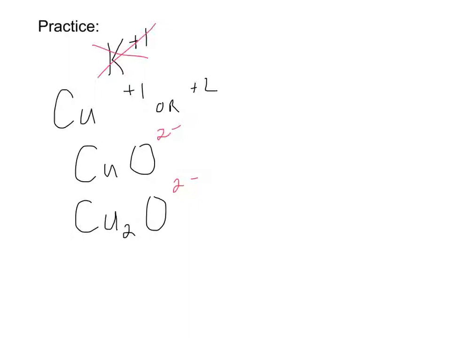But in this case, there's only one copper here, so it has to have a 2+ charge. But down here, I have 2 coppers, so that means this one has to be a +1 charge for everything to balance out.